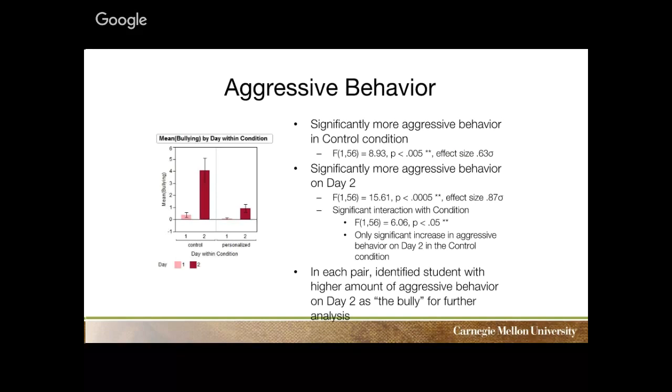It turned out that within every pair of students, not surprisingly, one student came in with more math knowledge and one student came in with less. That would happen just randomly. If they're not exactly the same, then one of them has to be more and one of them has to be less. And it was almost always the case that the student who was more belligerent towards their partner was the one who came in with more math knowledge.